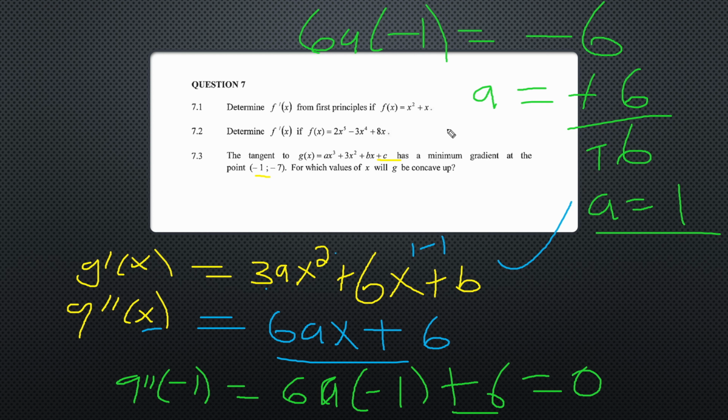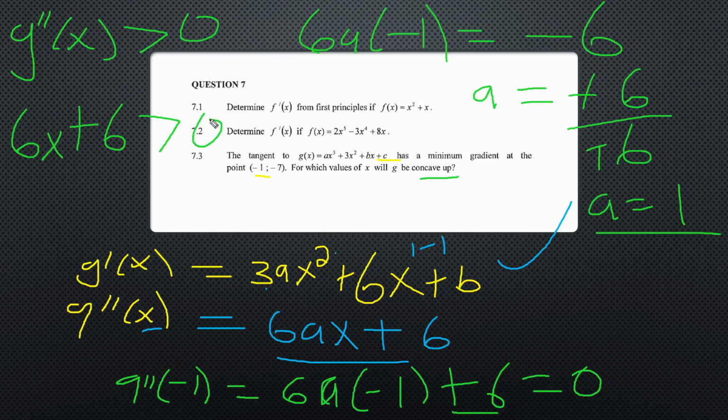Perfect, perfect. So if the value is 1, now you know that this equation here should be g double prime of x, concave up, it should be greater than 0. So now you have 6x plus 6 greater than 0. Remember, the reason why I have 6x plus 6 is because I substituted a here.